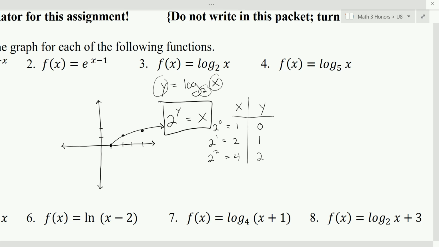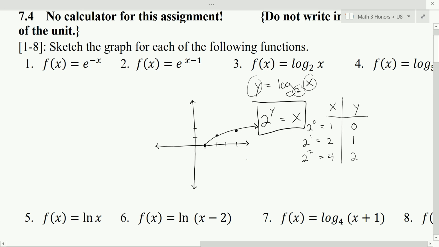Could we even go to the left of 1, or is this where it starts? Could we get 1/2? Can we get x equals 1/2? Yeah, how? If I plug in -1 for y, I get 2 to the -1 power, which is 1/2. So (1/2, -1) would be right here.